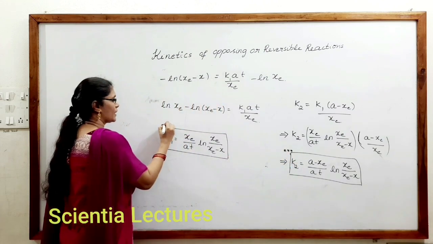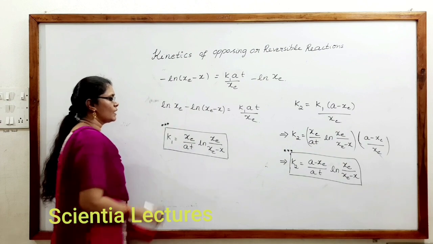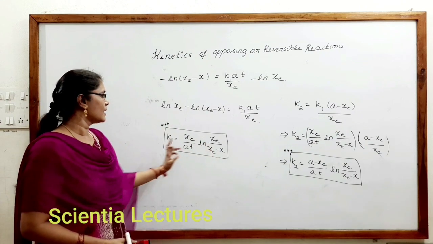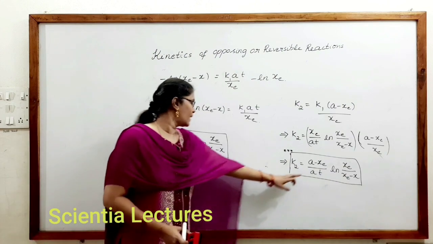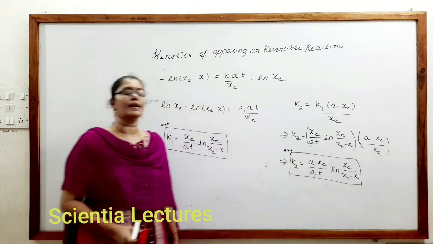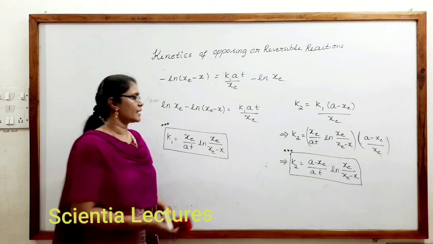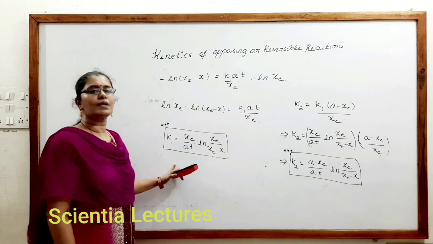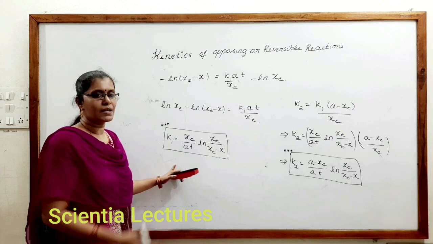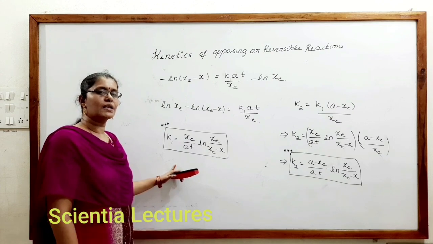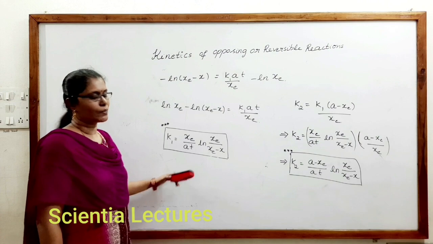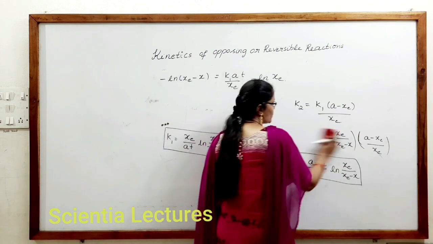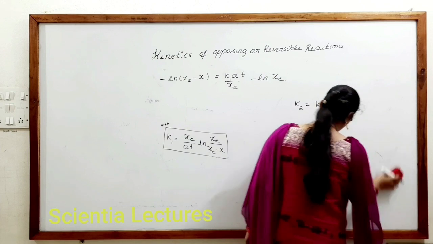The expression for k1 is xe by at into ln xe by xe minus x. k2 is a minus xe by at into ln xe by xe minus x. So these are the k1 and k2 expressions for opposing or reversible reactions. This could be asked as an expression itself from the examination point of view, or the relation between k1 and k2 in such a reaction could also be asked.